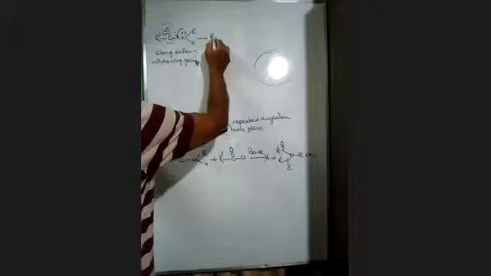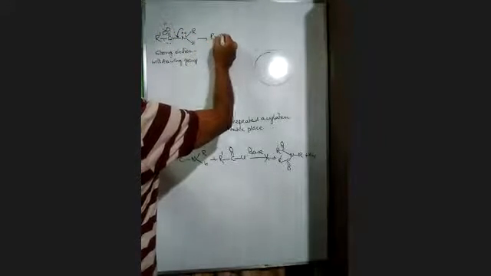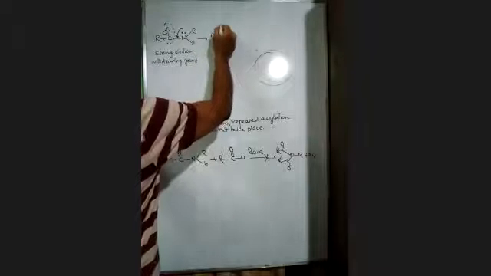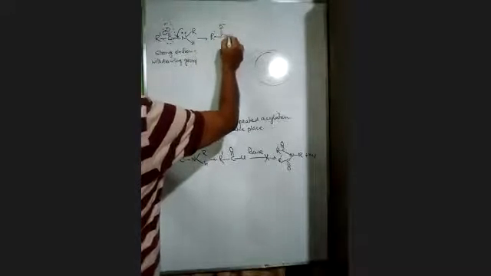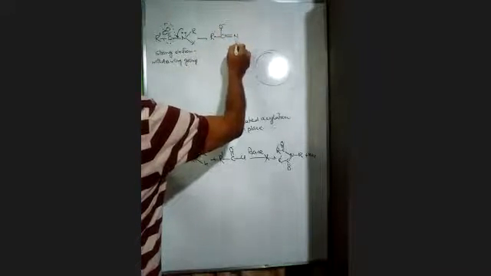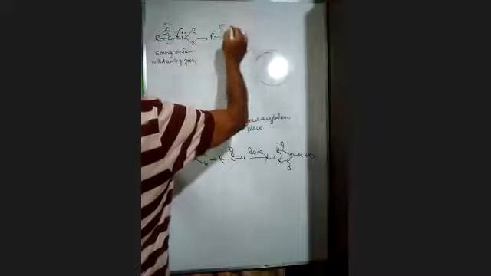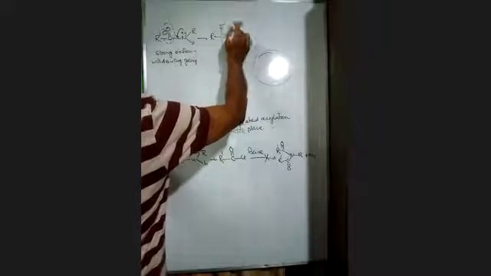In that case, what do you get here? See, your nitrogen does not have any electron. If the lone pair is missing, then it cannot act as a nucleophile. Okay, so we'll write now here.